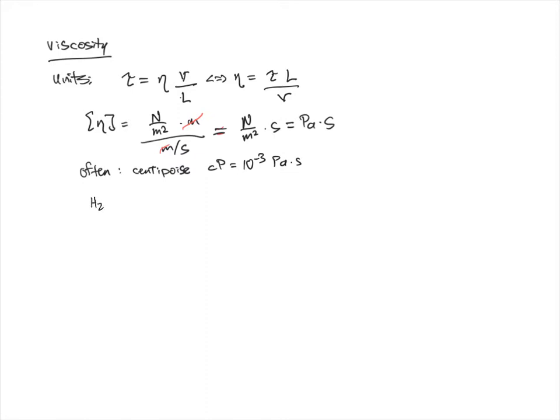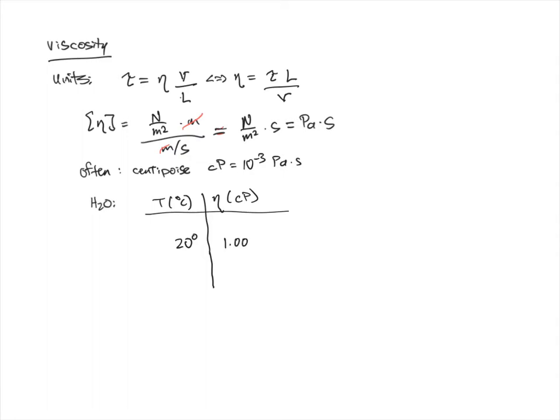So for H2O, let's make a little table here of temperature in degrees Celsius versus viscosity in centipoises. I'm going to start with the middle entry of this table, which is 20 degrees Celsius, so that's room temperature.